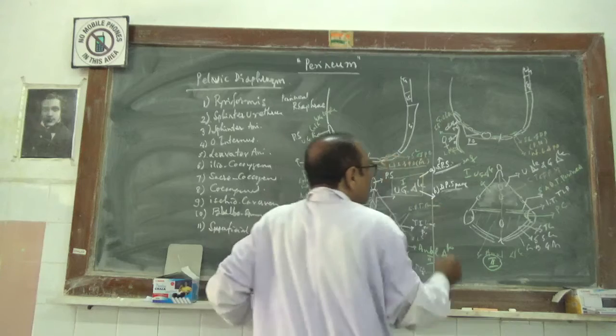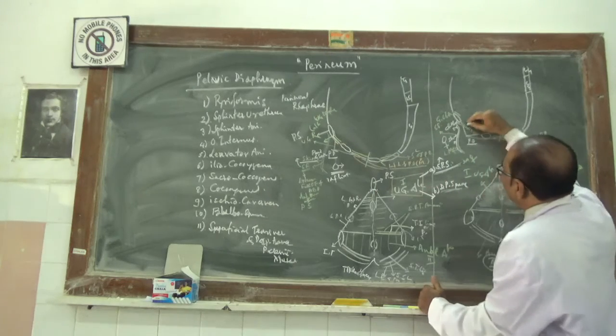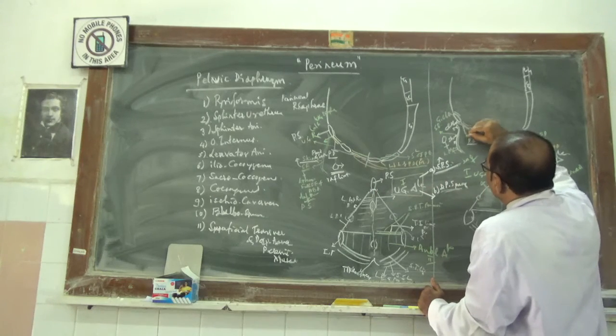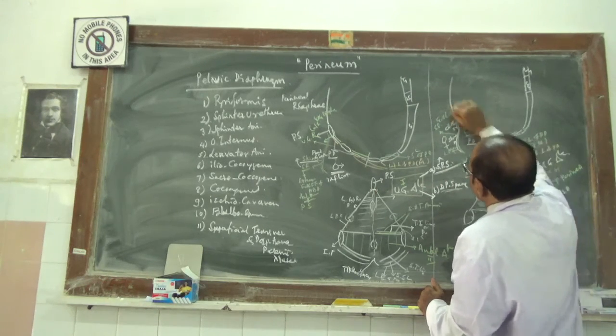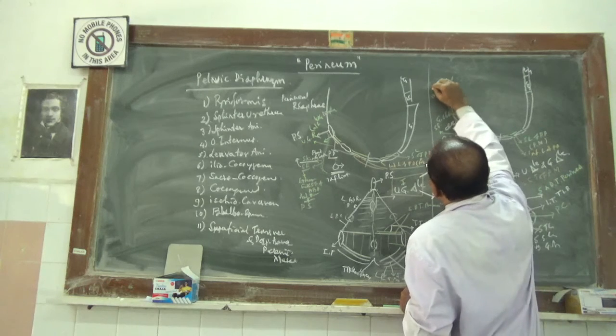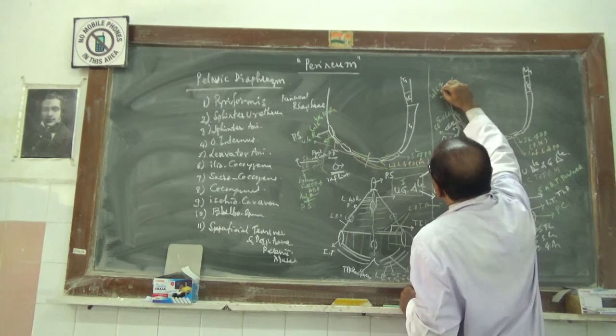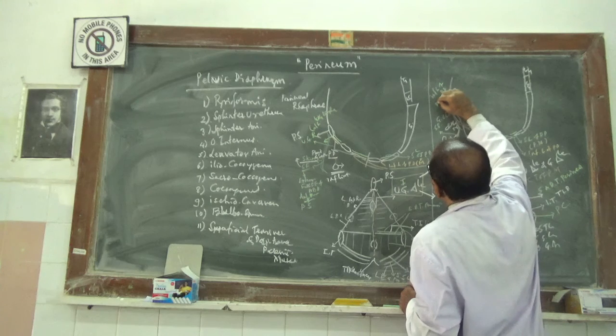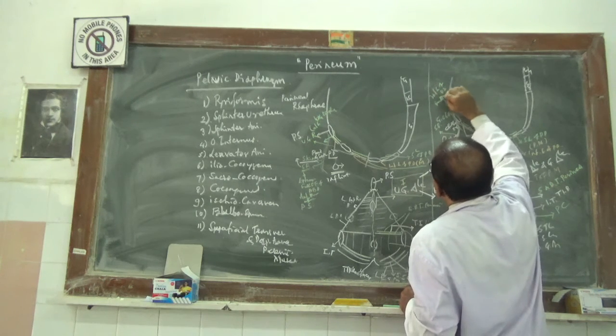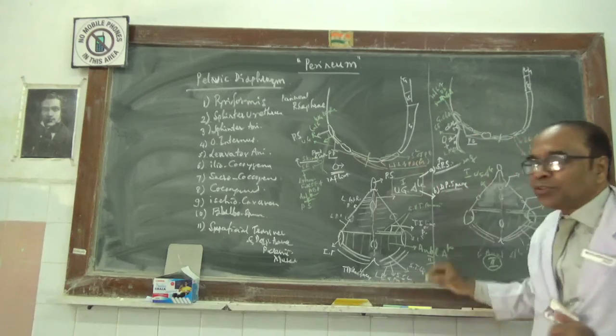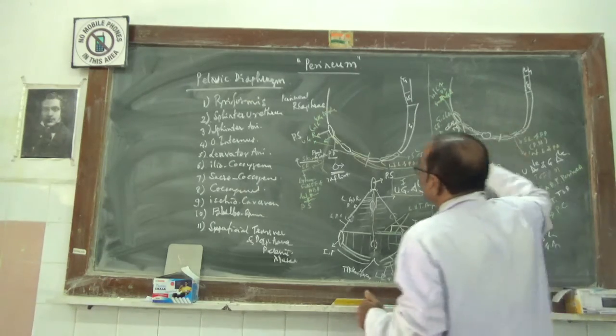The same thing in the female: it is nothing but the inferior layer of the pelvic diaphragm in the urogenital region in case of female. So this is the superior limit.